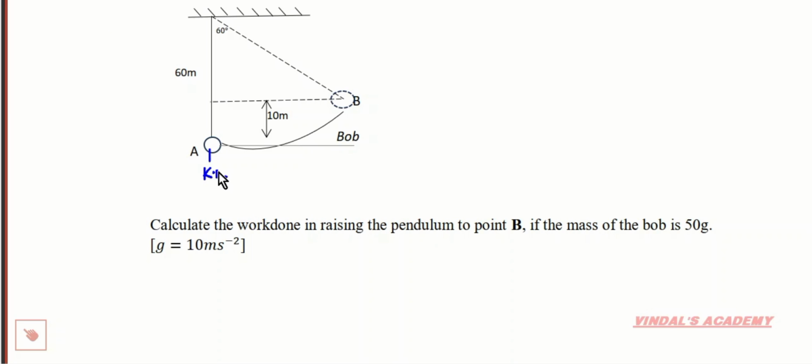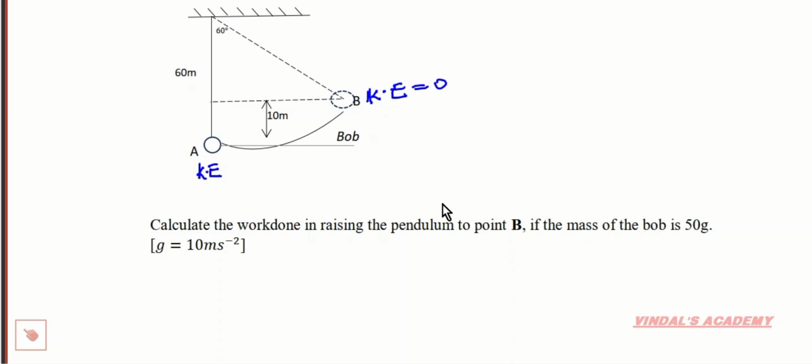Kinetic energy is going to be 0 at this point, but at this point, that is wrong. I mean that at this origin, kinetic energy is maximum, but at this point, kinetic energy is 0.